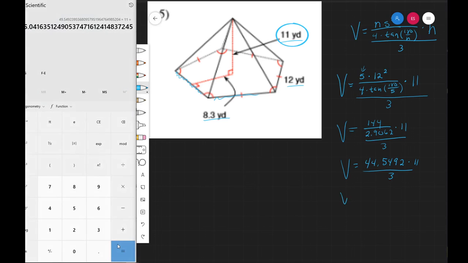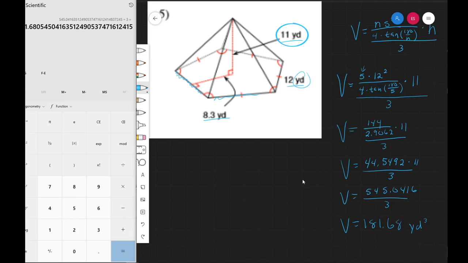We get V equals 545.0416 divided by 3, and then I'll take this number and divide it by 3. We should get volume equals 181.68 yards cubed, because our original units were in yards. Since we have volume, we need to cube those yards.